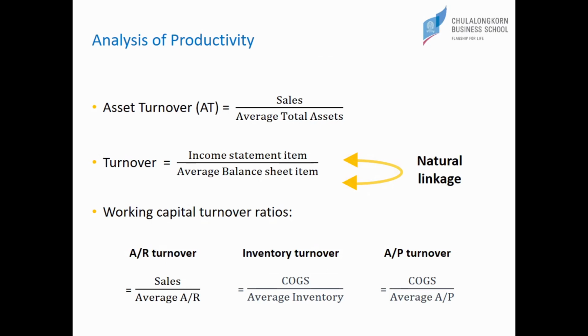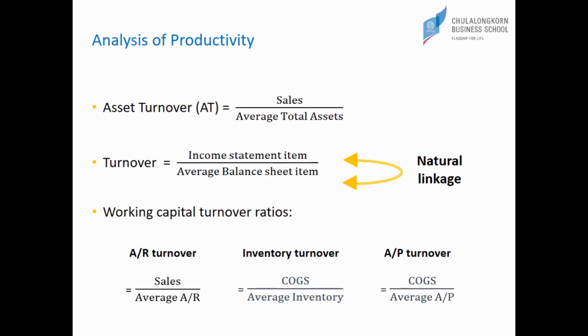So let's look at several examples of this turnover ratio. So the working capital turnover ratios to illustrate this natural linkage. So the first item is the accounts receivable turnover, which is calculated as sales from the income statement divided by average accounts receivable.